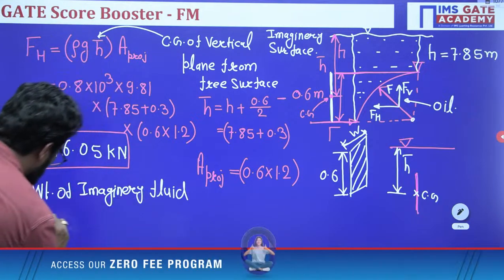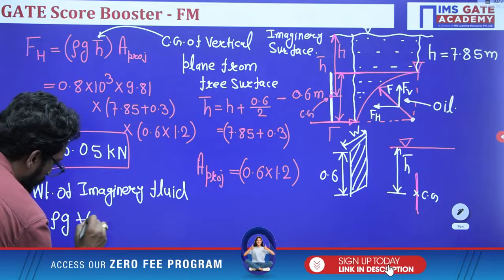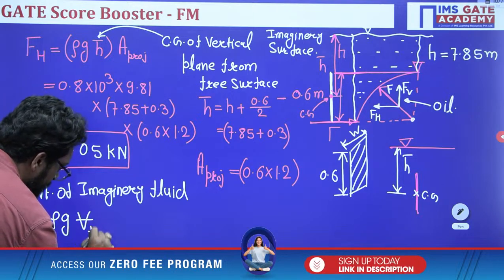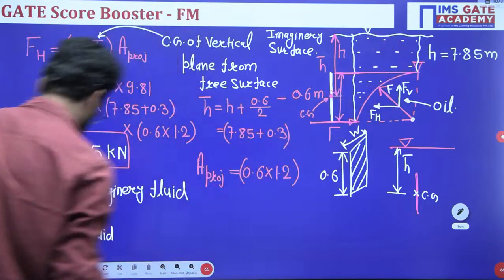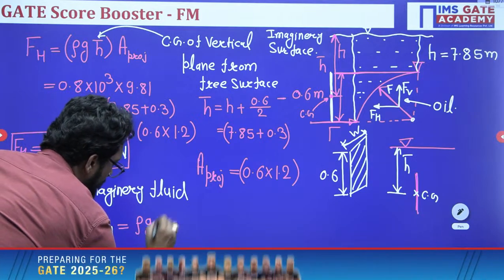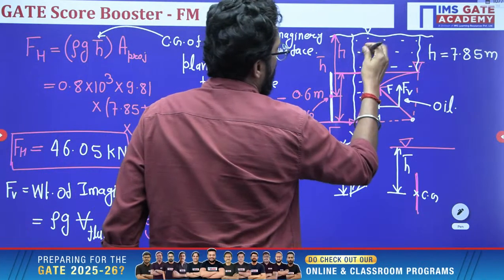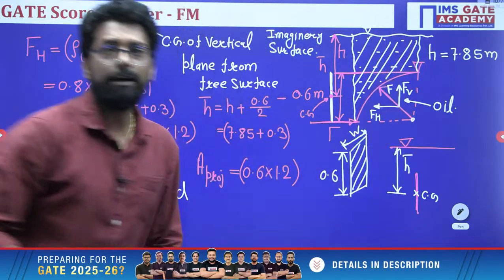And the weight of the imaginary fluid is density times g times the volume of the fluid in this portion. So rho g, how to calculate this volume? Please tell me. How to calculate this volume?